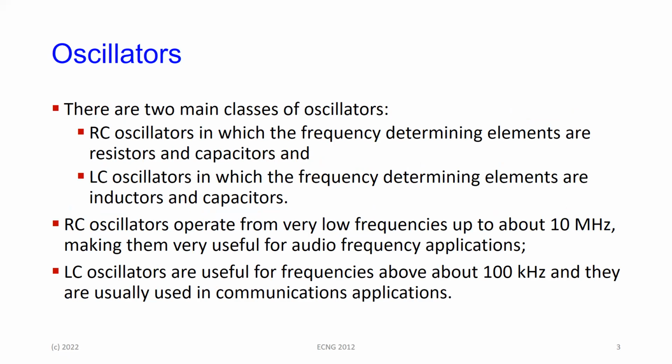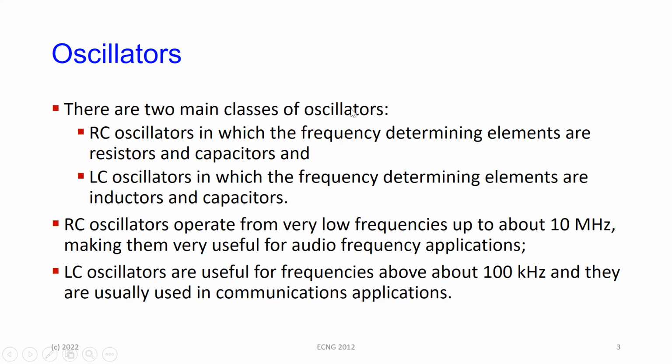And then the oscillators that use capacitors and inductors are the ones that you tend to use up into the high megahertz range. Those are the ones that you use to generate the carrier signals that we use for cell phone networks, RF radio frequency communications, satellite communications and the like.